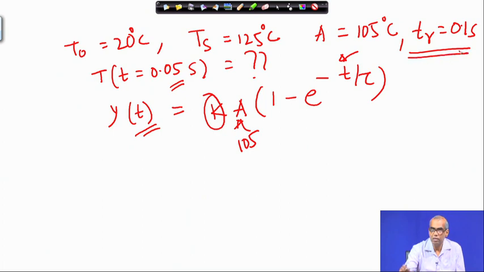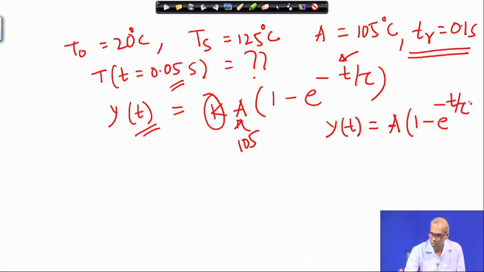Another information that is given is that of rise time, sorry, the rise time is given as 0.1 second. So, rise time is the time at which 90% of the final response is achieved. So, from this equation y(t) equal to, let me write A now, because k is 1, A (1 minus e to the power minus t by tau).